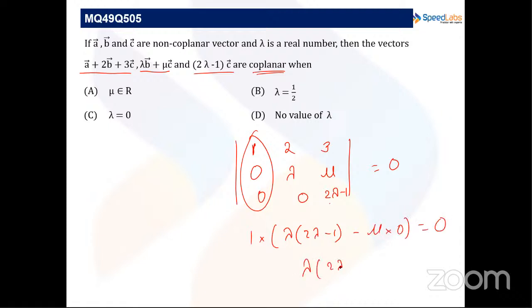So that will be lambda into (2 lambda minus 1) equals 0. On solving, lambda equals 0 or lambda equals 1 by 2, and mu can belong to any real number. So our correct options are A, B, and C.